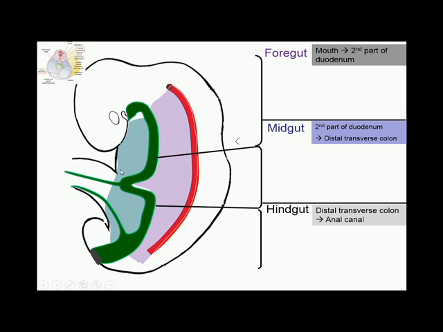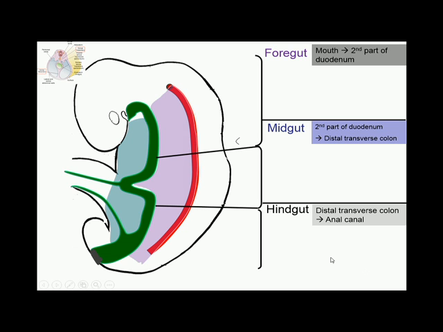So to understand easily, we divide the GIT into foregut, midgut, and hindgut. So foregut gives rise to the GIT from the mouth to the second part of the duodenum. Midgut gives rise to the second part of the duodenum up to the distal transverse colon, so somewhere close to the splenic flexure.